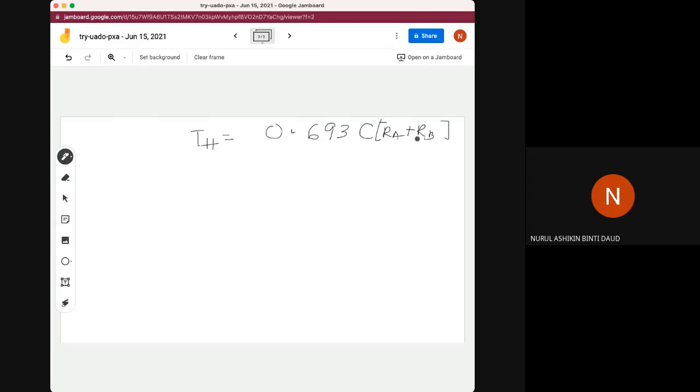So this is the formula to get the pulse width, the maximum point of the output, which is TH: 0.693 times the capacitor value times (RA plus RB).